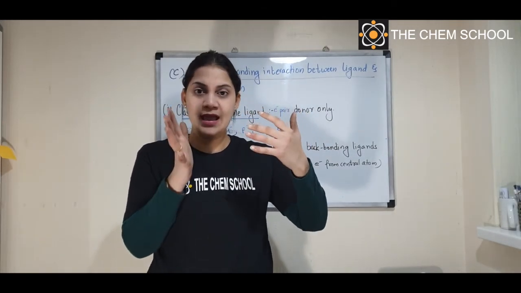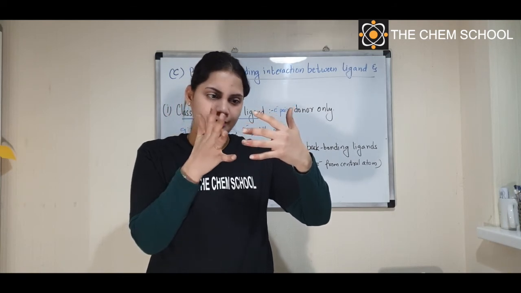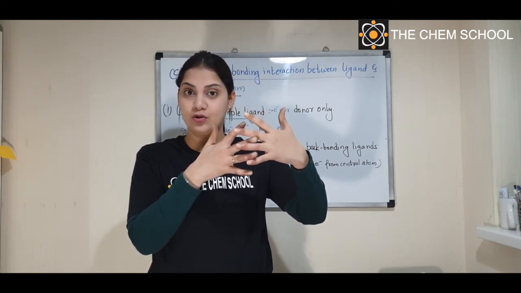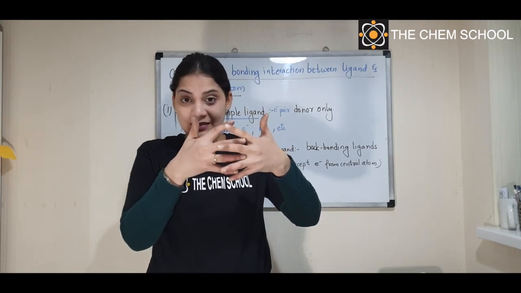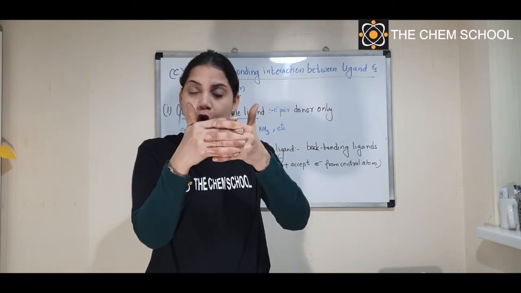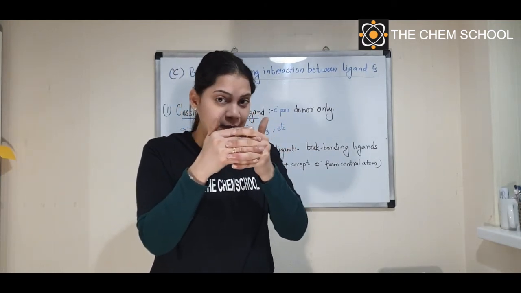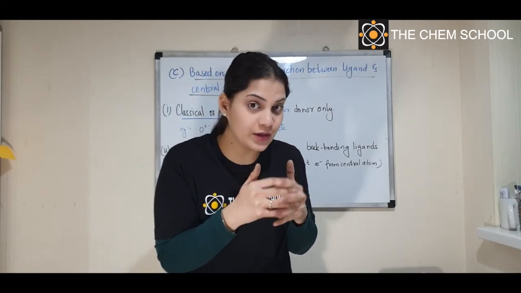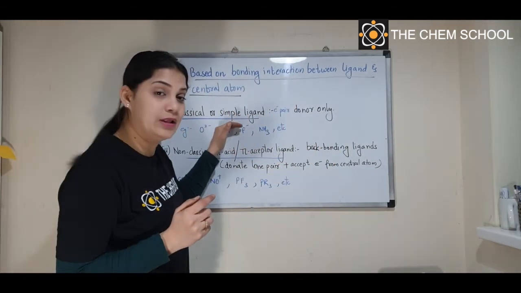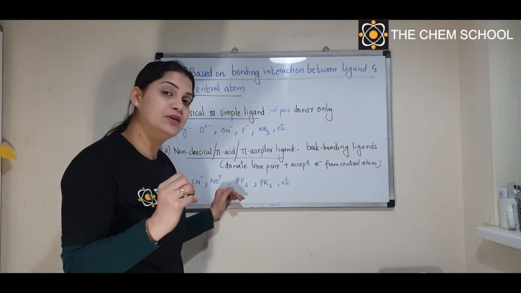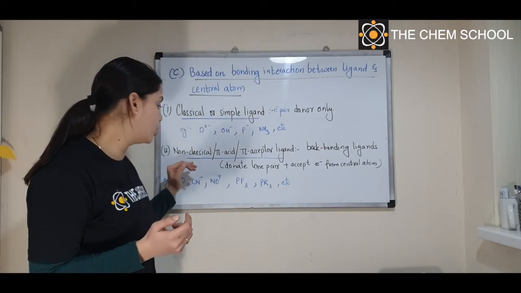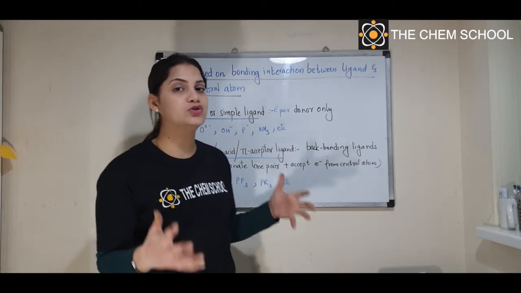They donate electrons, but at the same time they also accept electrons from the central atom, thereby forming a much stronger hold. I repeat, thereby forming a much stronger and more stable complex. So remember that compared to the classical ligand, the non-classical ligand is always going to be a stronger ligand.